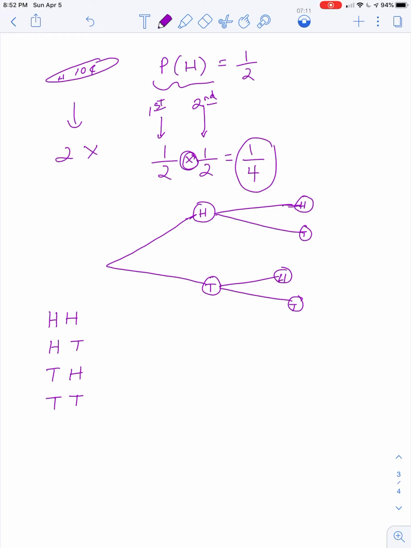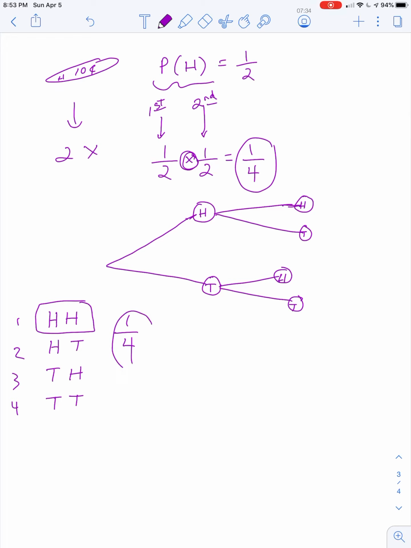But the only one that we're after is, remember what the problem was: what was the possibility of getting heads on the first toss and the second toss? So this is really the combination that we were looking for, and that is 1 out of 4, right? Because there's 4 total combinations or equal possibilities.